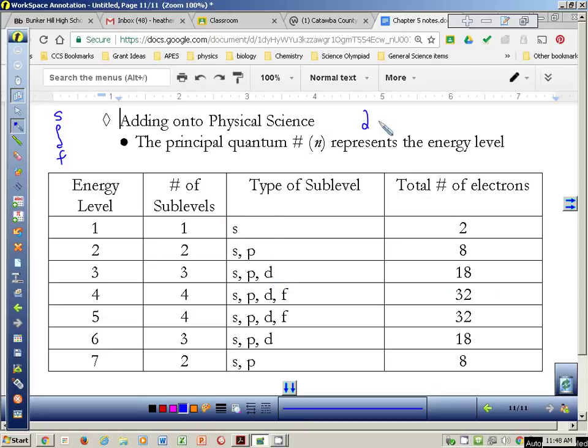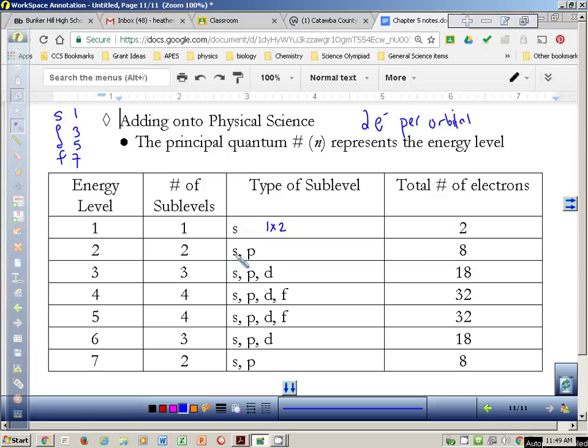So we know that there's 2 electrons per orbital, right? Okay, the pattern of the orbitals was 1, 3, 5, and 7, correct? All right. So how many orbitals are in this S? 1 and 2 electrons in there. We come up with 2 electrons.